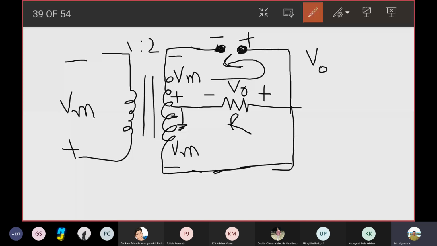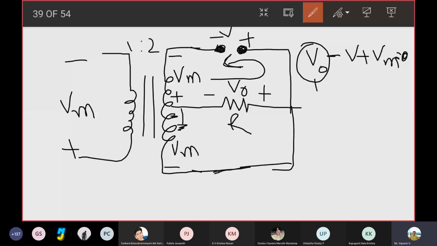If you're writing KVL in that loop, V naught minus V plus Vm equals 0, right? V naught would be Vm for a full wave rectifier. So it is Vm minus V plus Vm equals 0.